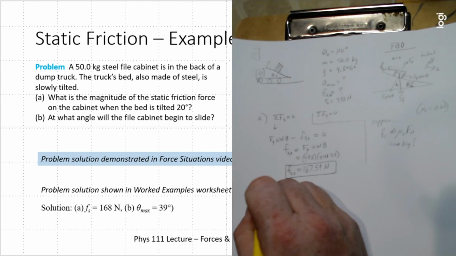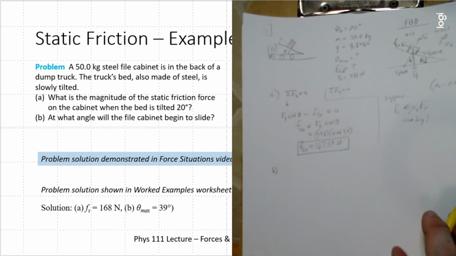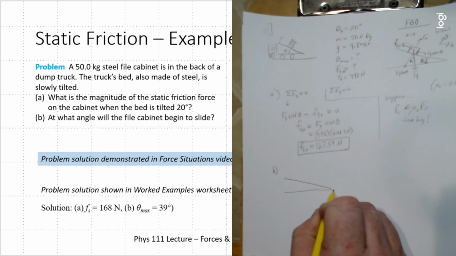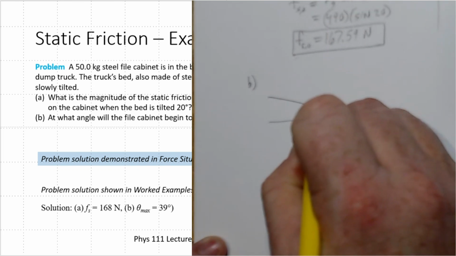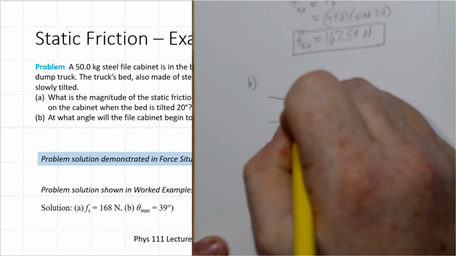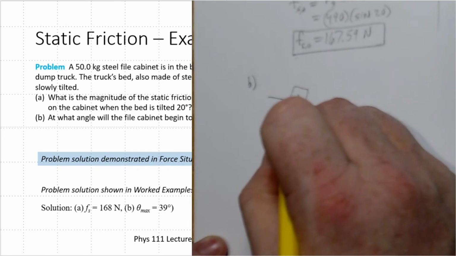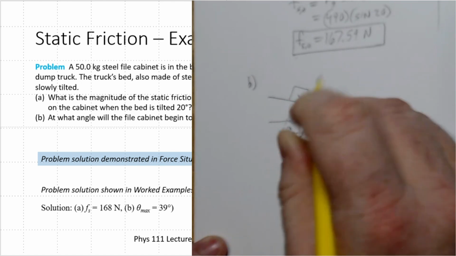So let's take a look at B, where this comes into play. In part B, we have the same effective configuration, just a different angle theta. And here, this is theta max.